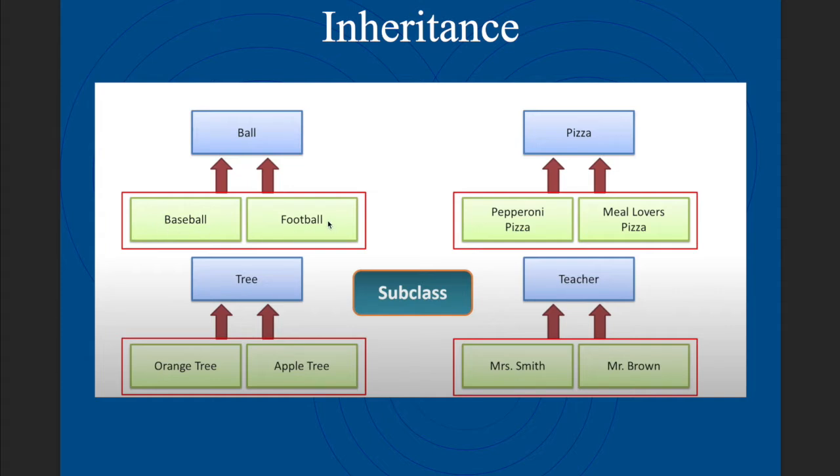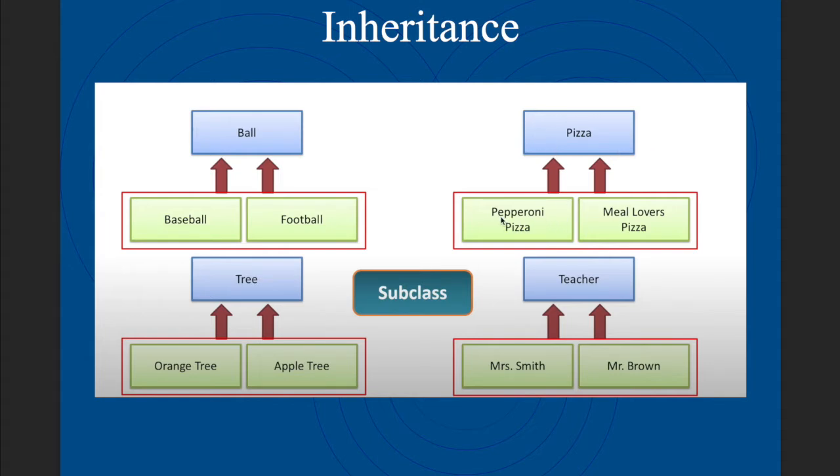They are both balls, but they are different types. They have some different characteristics. And of course, they have something common, that's why we have ball class. The same with pizza. We have pizza class as a superclass.